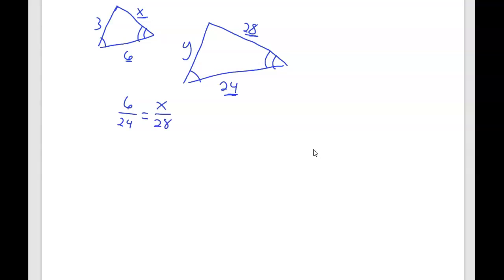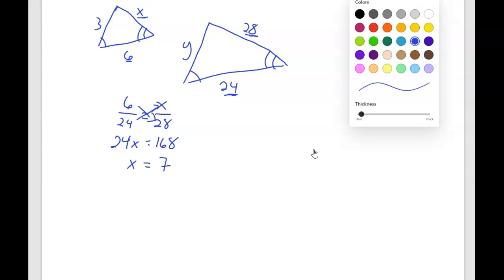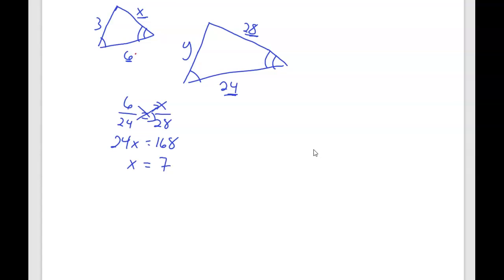And I'm just going to cross multiply. And I'm going to get 24x is equal to 168. And then I'll divide both sides by 24, and I get x is equal to 7. Or what you could do is you could say that you have to multiply this one by 4 to get 24.